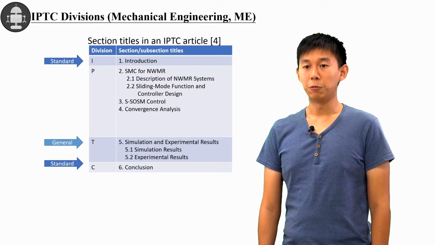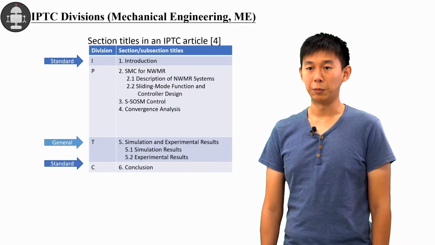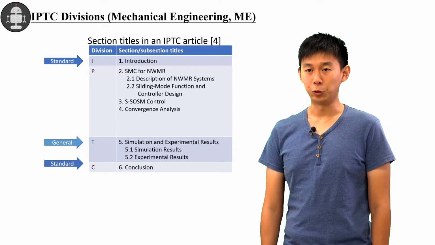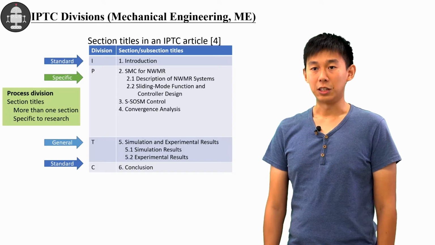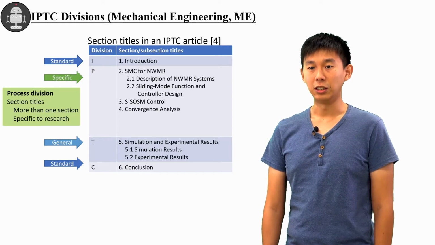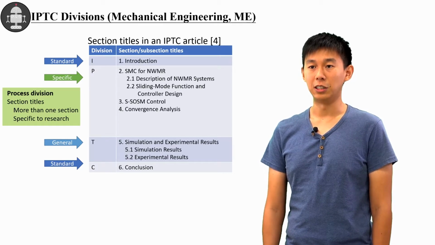In section number 5, simulation and experimental results, these 2 show the 2 ways of the testing method, and this section title is very commonly used in the engineering field. In the process division, there are 3 sections, and each section title is very specific to the research in this article.